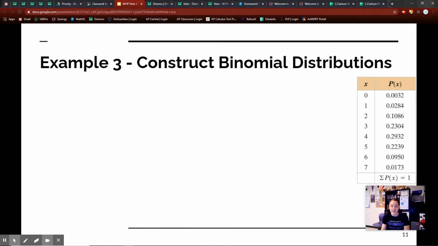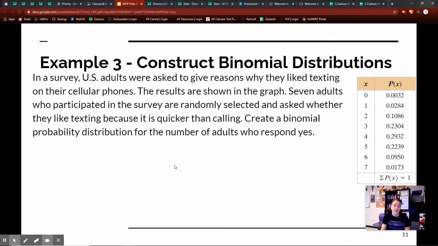Now this is how you actually construct a probability distribution. I do like this example, but I'm not going to go through all of it because it's very long. In a survey, U.S. adults were asked to give reasons why they like texting on their cell phones.